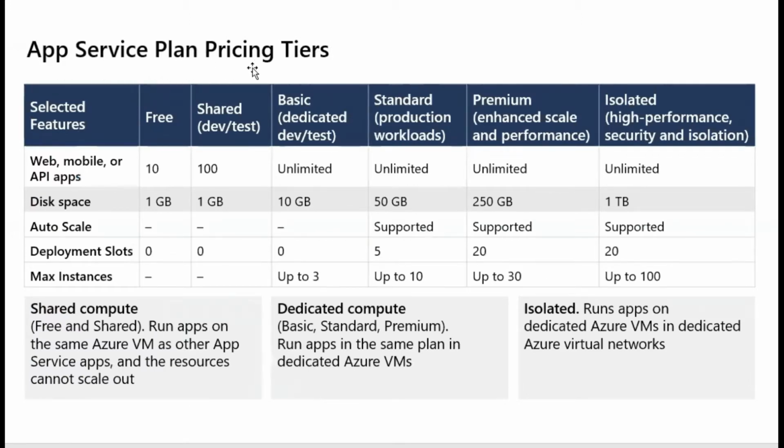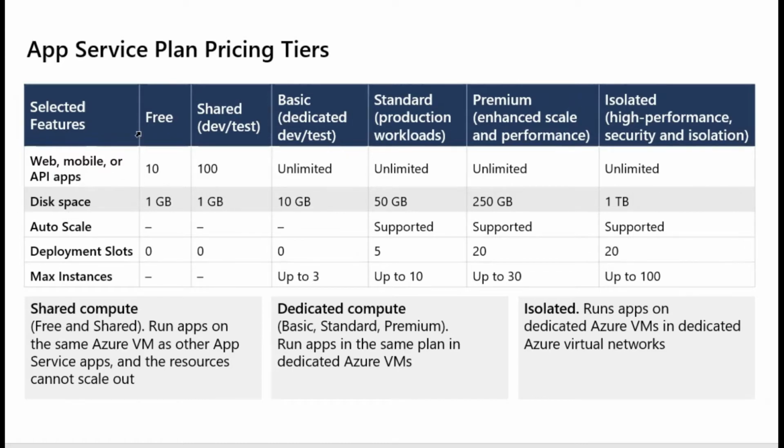We have app service plan pricing tiers: free, shared, basic, standard, premium, and isolated. So we have many plans. If you'd like to deploy web applications, mobile or API apps, up to 10 of them you can deploy in the free tier, 100 in the shared tier, and unlimited in the other tiers.